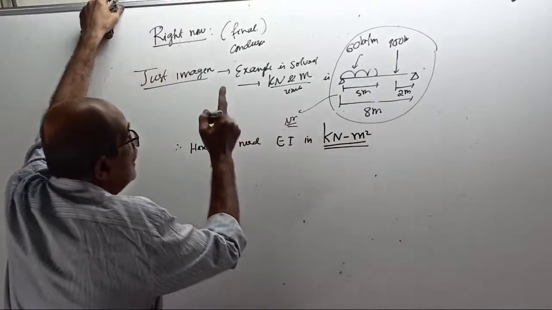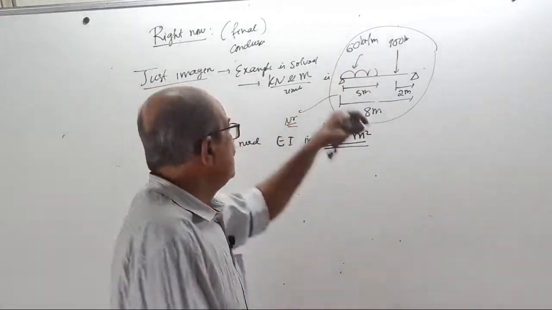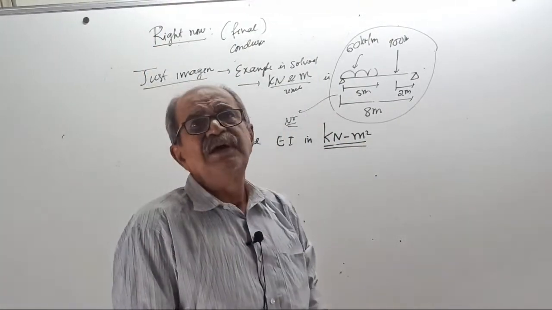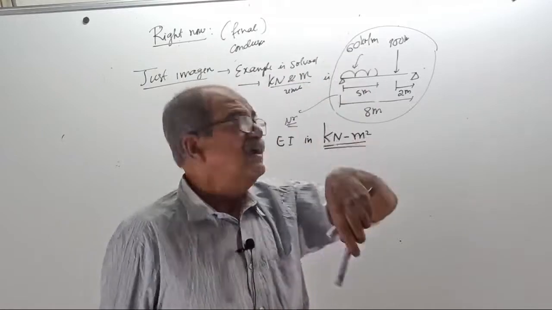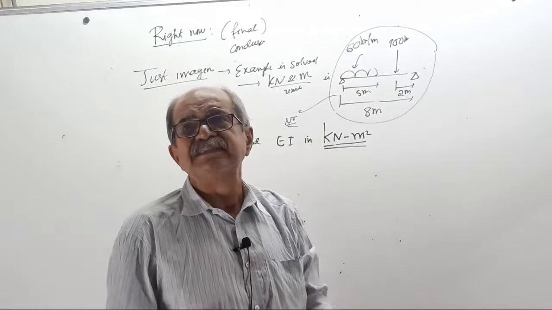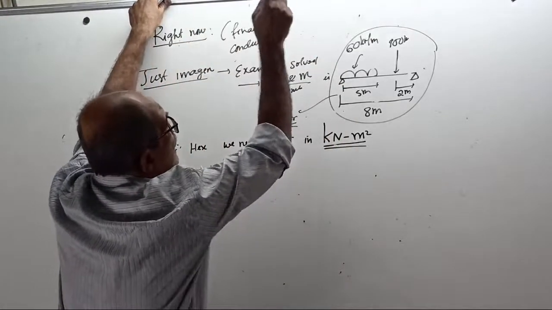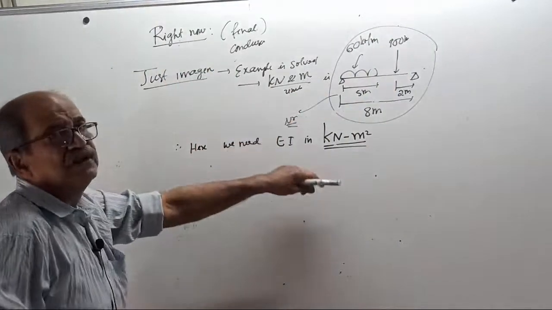Now, suppose the question is in Newton and meter, you want EI in Newton meter square. Suppose for some reason the problem is solved in Newtons and millimeter, we want EI in Newton millimeter square. That is a rare case. 99.9% we are solving in kilonewton and meter, so EI also in kilonewton meter square.